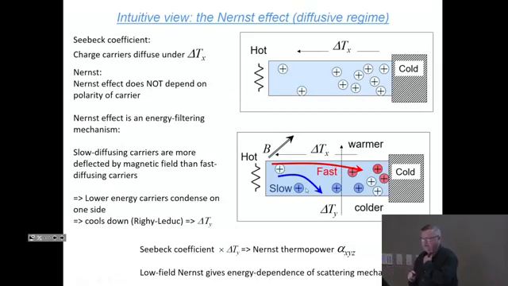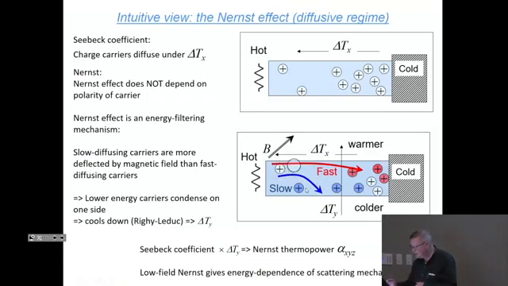The Nernst coefficient doesn't exactly do that. The Nernst coefficient measures, on the one hand, this too. You have the diffusion of your carrier toward your colder side. That's fine. Now, if you apply a magnetic field, what matters is the amount of time that this carrier is subject to the Lorentz force.